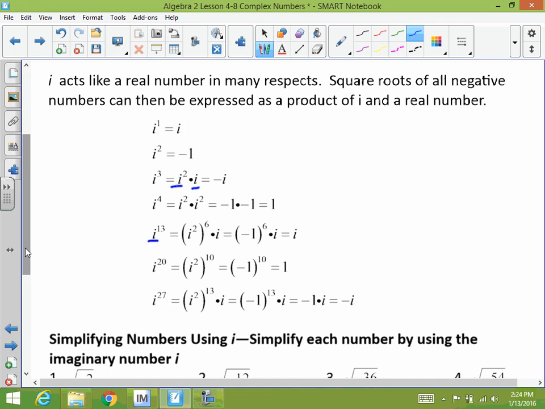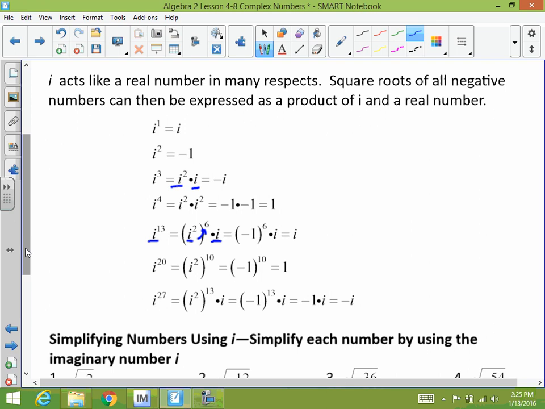So i to the 13th becomes i squared raised to the 6th power times i. i squared is -1, raised to the 6th power, times i. Because -1 raised to the 6th power is 1, you end up getting just i.